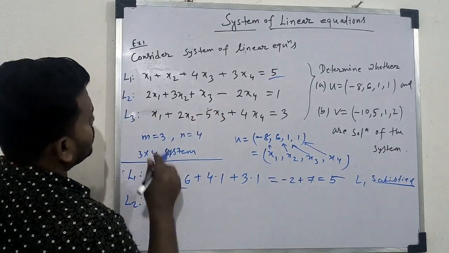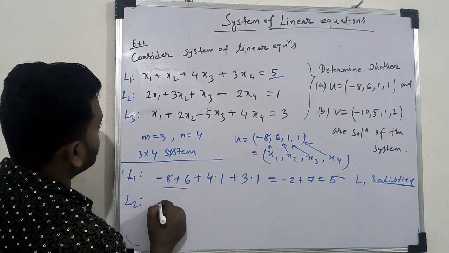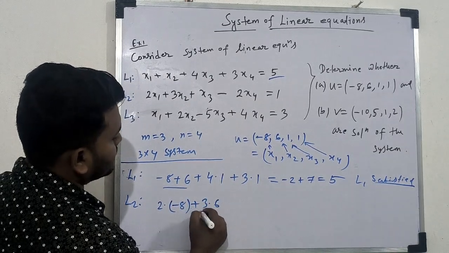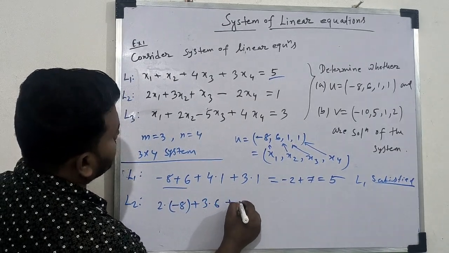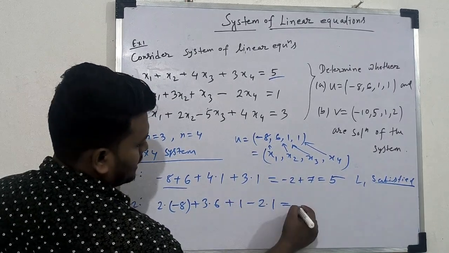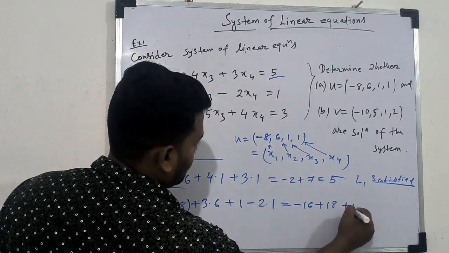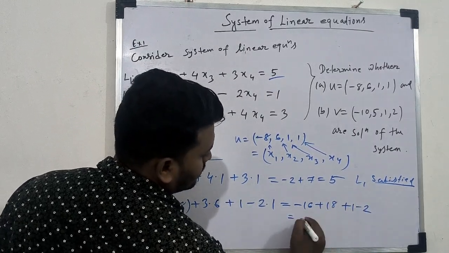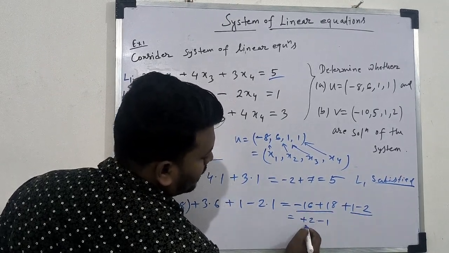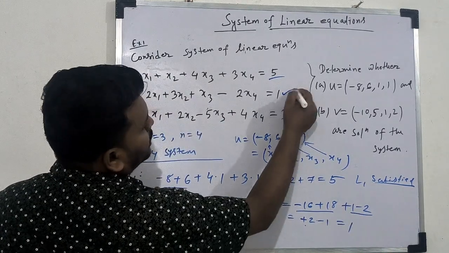For L2 we put these values of x1, x2, x3, x4: 2 into x1, that is -8, plus 3 into x2, that is 6, plus x3, that is 1, minus 2 into x4, that is 1. So we get -16 plus 18 plus 1 minus 2. From this plus 2, and from this minus 1, so we get 1. So L2 is satisfied.